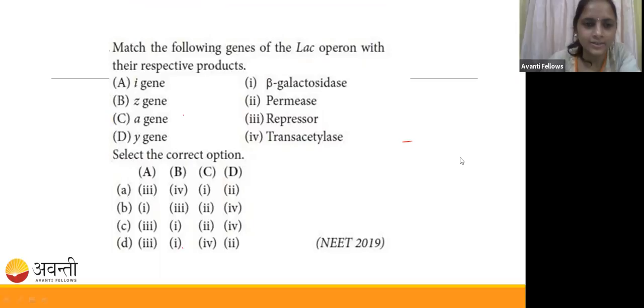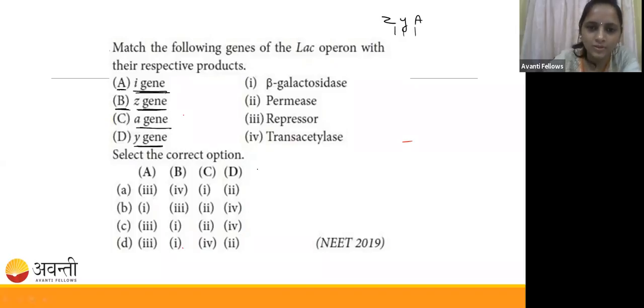You can see here, option A is the I gene, B is the Z gene, C is the A gene, and D is the Y gene. You know about the Z, Y, A products, so you can answer this question very easily. Can I run the poll in 2 minutes, guys?